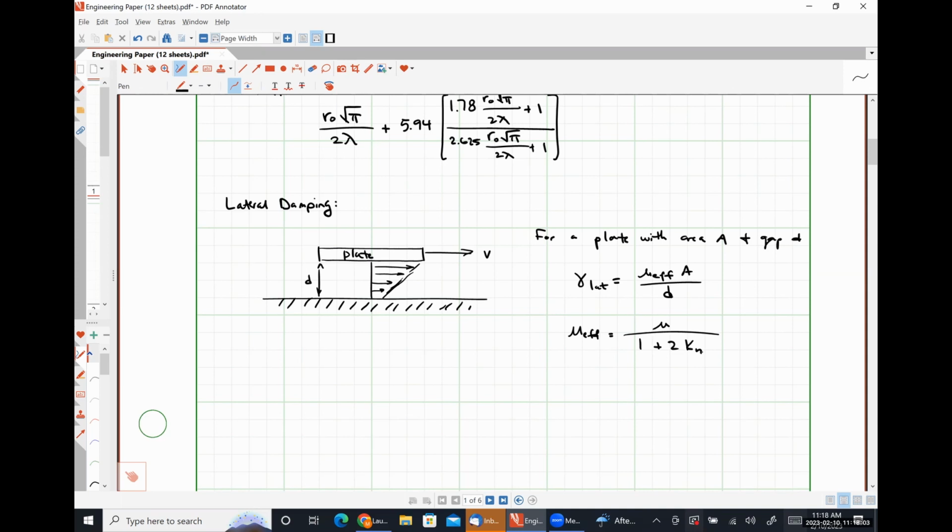Okay. This particular model neglects the effect of the mass of the air that is being moved, as well as air drag on the top and the sides of the plate. So it's only considering that bottom surface contributing to this lateral damping.